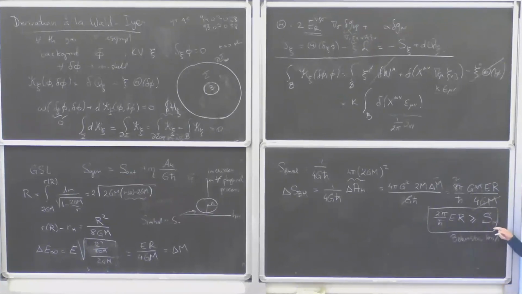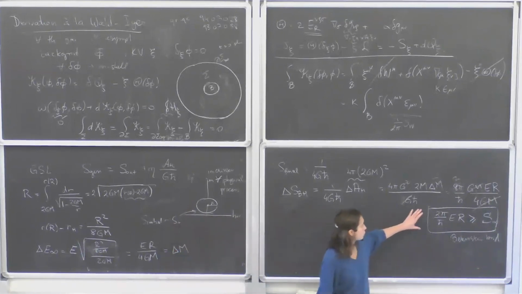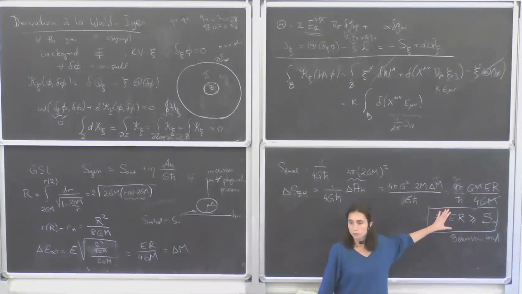And the very interesting thing about it is that there's no G Newton appearing. So this should be a purely QFT relation. You should be able to derive this in QFT because there's no gravity that appears in this relation. And okay, there are a lot of discussions about what it means, and it's super hand wavy. What does it really mean? So at the end of the day, people have been able to make sense of such relations using entanglement entropy. So you have to really properly define what you mean, and then you can get some inequalities.